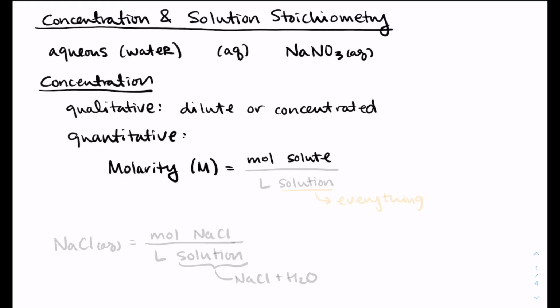Now also, molarity is not the only concentration unit, but it is the most common that we use in general chemistry at this point. So this is what we're going to use for our main concentration unit.